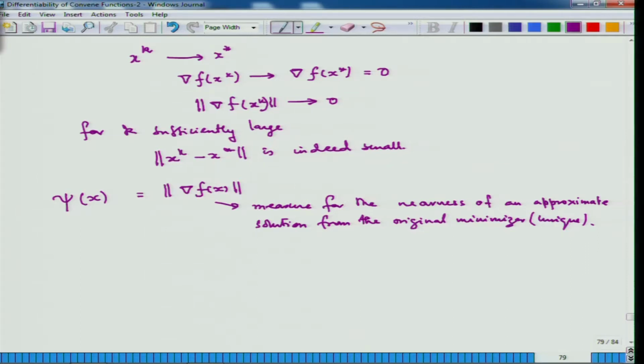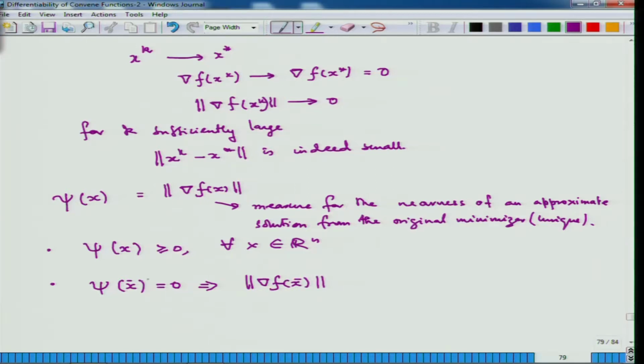Now, this thing has a property. Number 1, phi of x is naturally greater than or equal to 0 for all x in Rn. It is obvious because it is a norm. Number 2, when phi of x bar is equal to 0, this would imply that norm grad f of x bar is equal to 0, and since f is convex, it will imply that x bar is a solution.